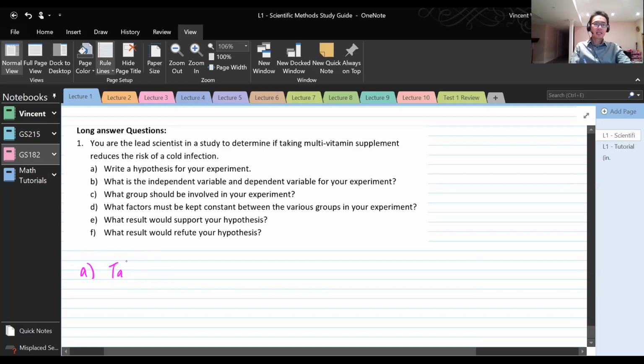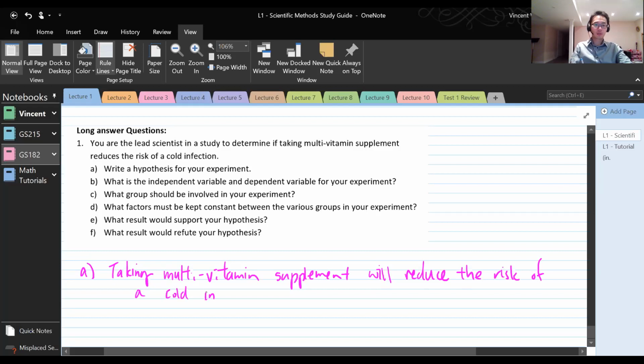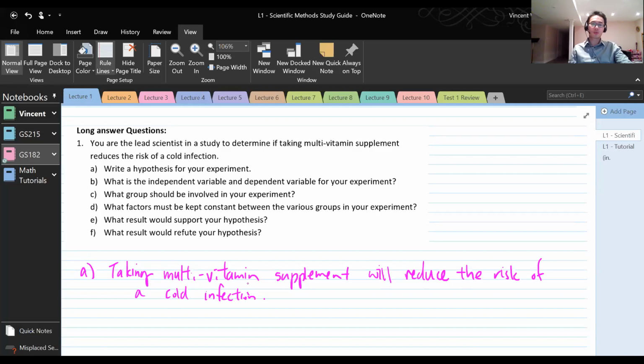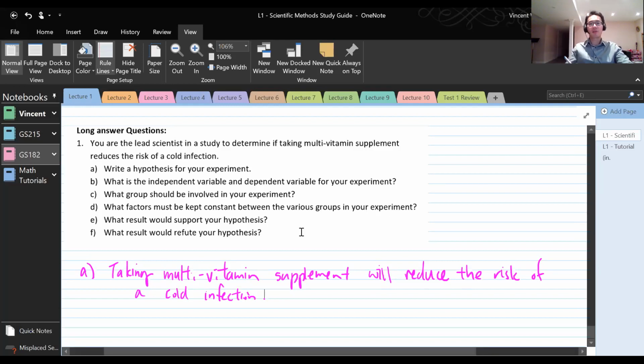You can say taking multivitamin supplement will reduce the risk of a cold infection. Or you can say taking multivitamin supplement will not reduce the risk of catching a cold. It doesn't matter whether you think it's true or not. You pick a stand and you write a statement. That's your hypothesis.